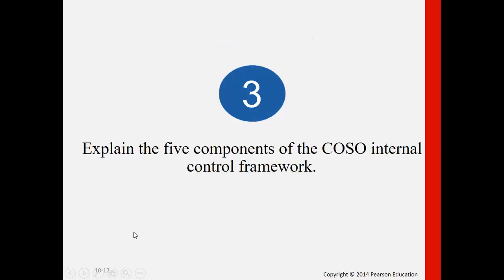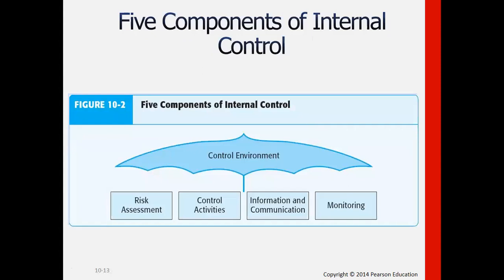Then the third one is to explain the 5 components of the COSO internal control framework. These are the so-called interrelated components because they are very related to each other and they must be in place in order for us to be able to say that IC really is effective and efficient. Control environment, as you can see, is like an umbrella.